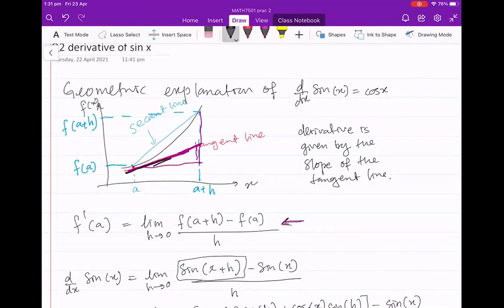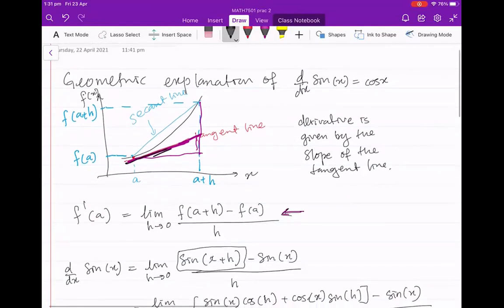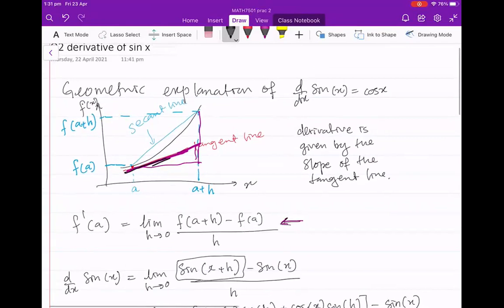Okay, from here, what do you use? For this part, use the trig identity given.